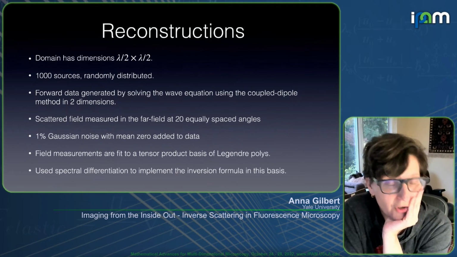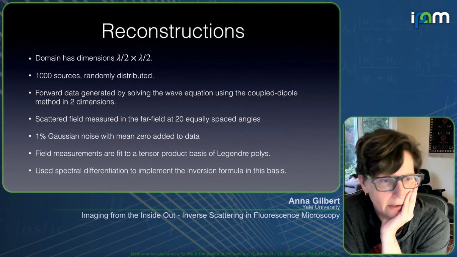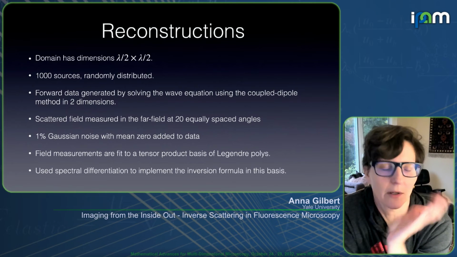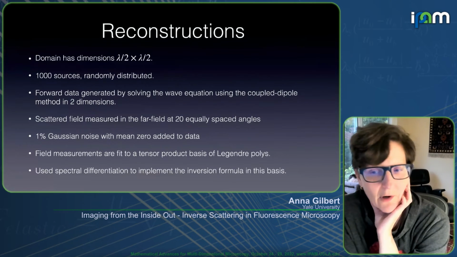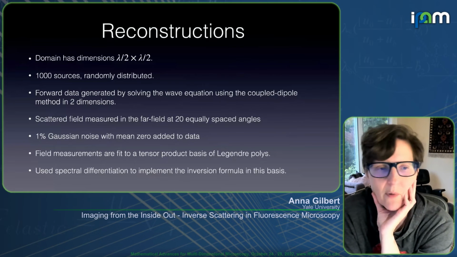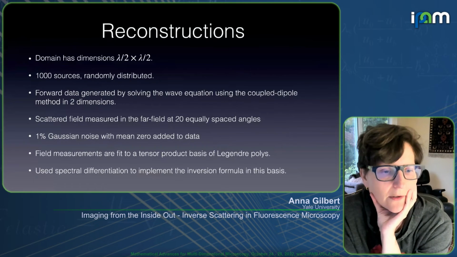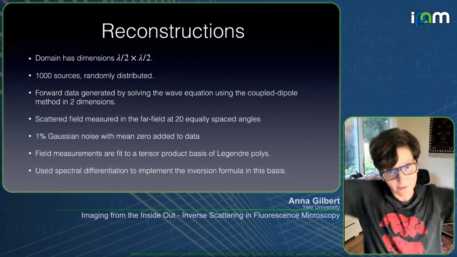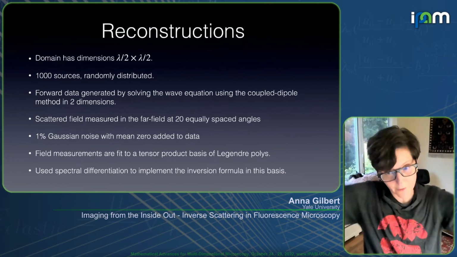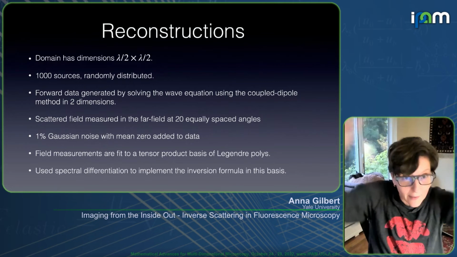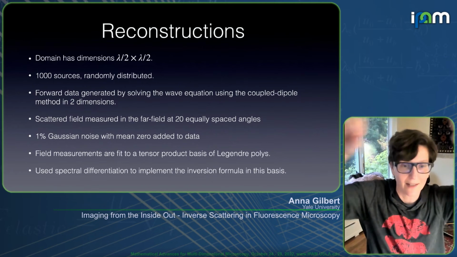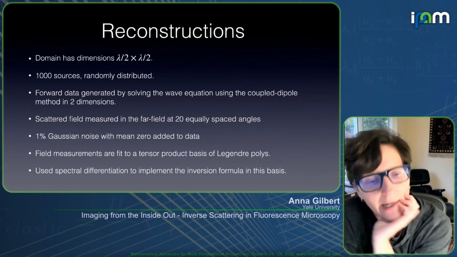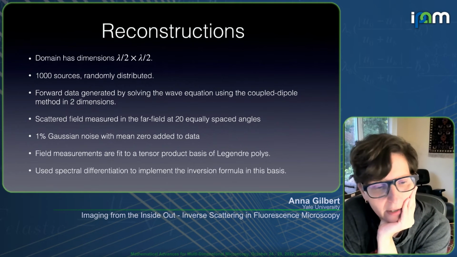We have to generate forward data in some way. This is all computer simulation. So we solve the wave equation using a coupled dipole method in 2 dimensions, and then we measure the scattered field in the far field at 20 equally spaced angles. Again, we add 1% Gaussian noise.